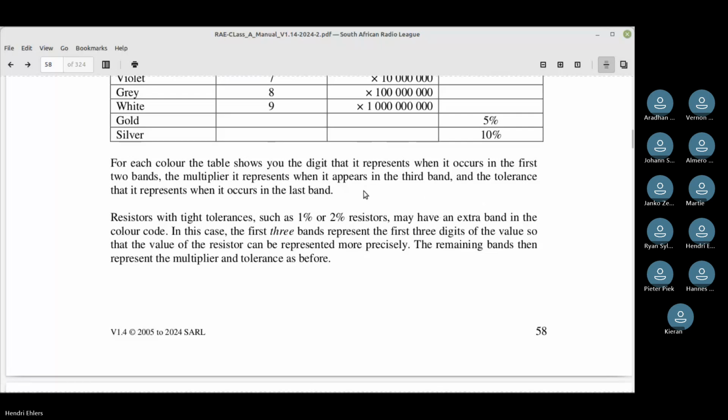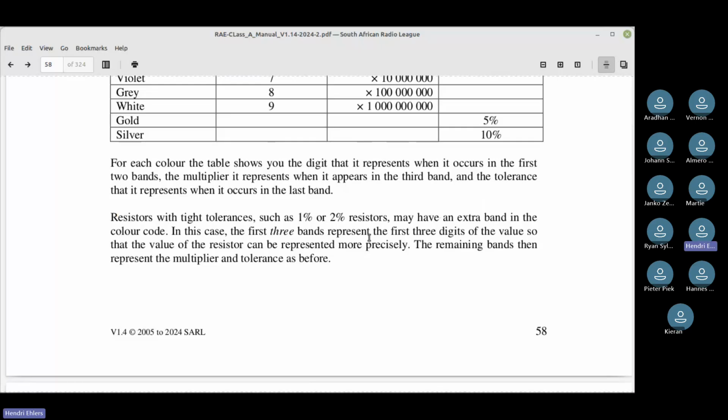With 1% and 2% resistors, that's also when they really want to mess about, and you'll typically get a fourth band in the resistor. All you need to remember is that the last one is the multiplier, or the one that's not gold or silver.